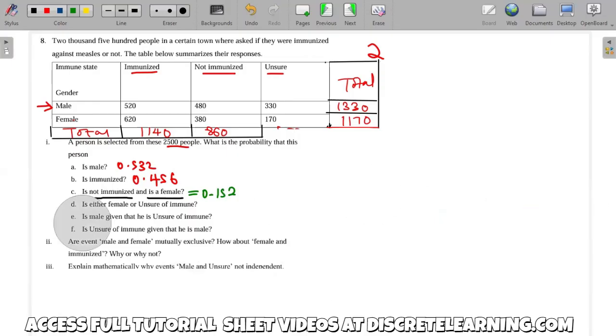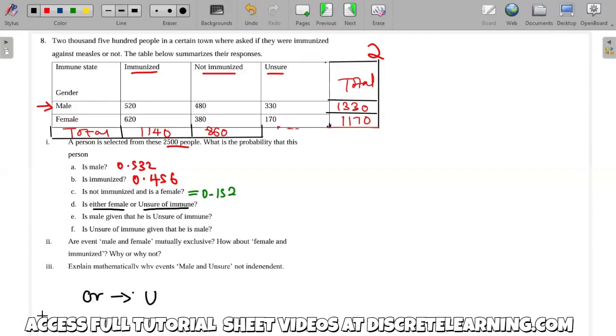So part D now, what are they asking us to find? Part D, they're saying find the probability that this person is either female or unsure. So we said in set theory, and we're going to say the same thing in probability theory, if I have either, if I have "or", then I'm talking about the what? The union, right?